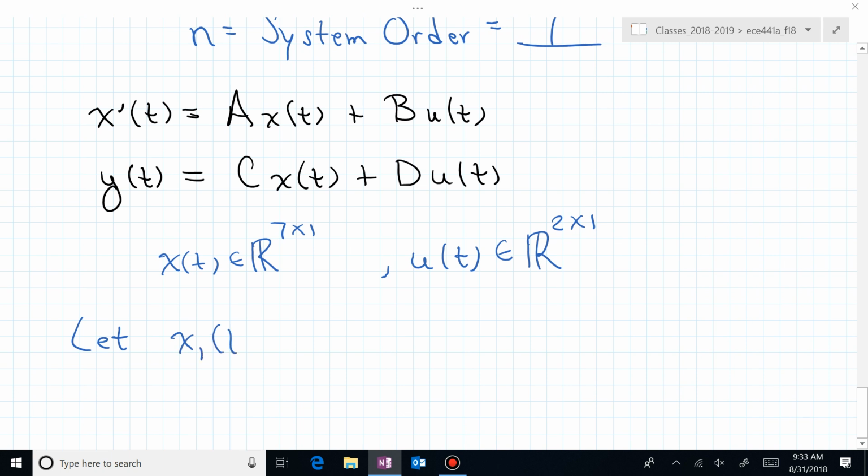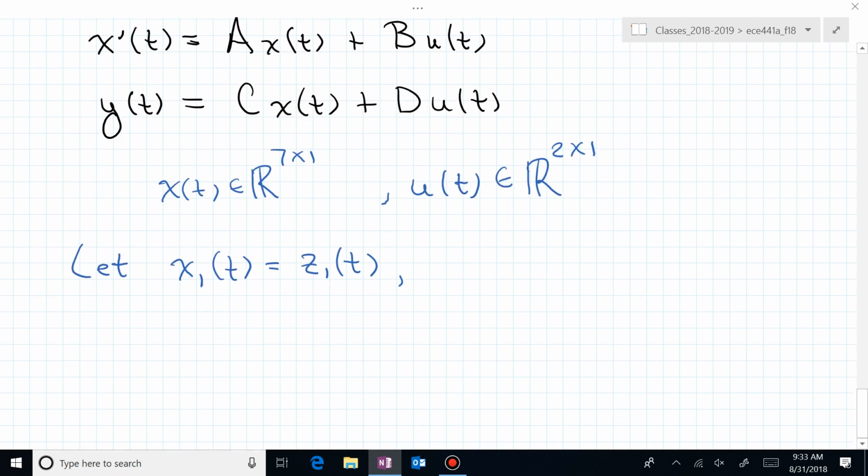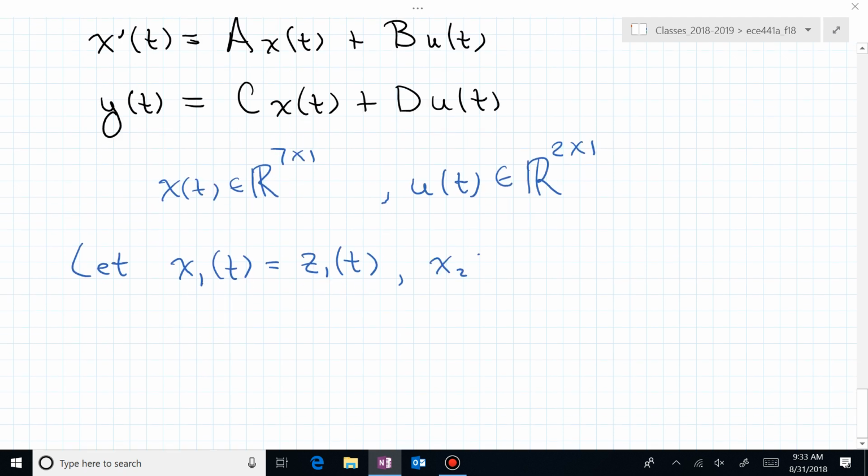Suppose we let x1 of t, the first component of x, be the position of the first mass. Suppose we let the second component of our state vector be the velocity of that first mass.